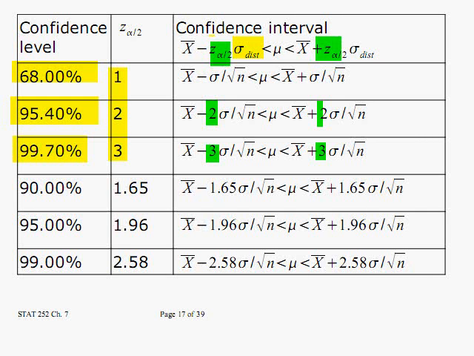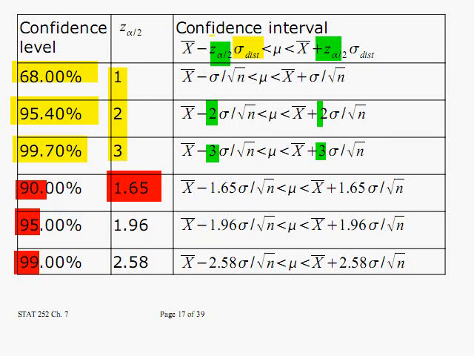Now, people don't generally talk in terms of 95.4% or 68% or 99.7%. You like to talk in round numbers, and typical ones are 90% confident, 95% confident, or 99% confident. In that case, you could go to the bell-shaped curve, find the alpha, and then go to the tables in the back of the book and find the z-value. However, they're fairly standard, and I've just written them down for you.